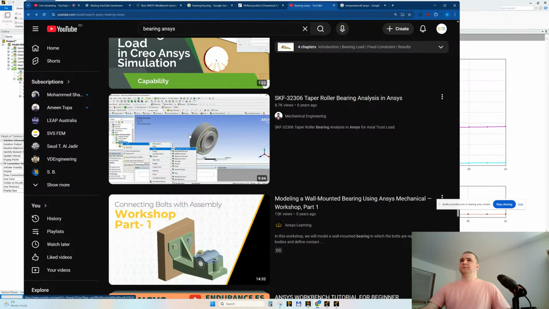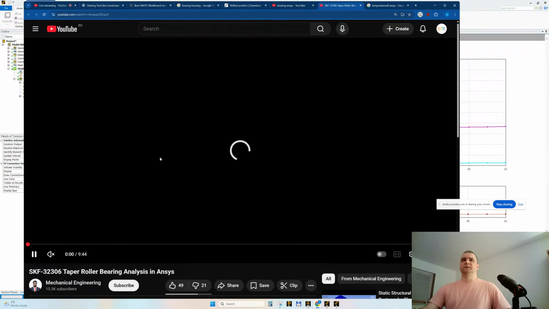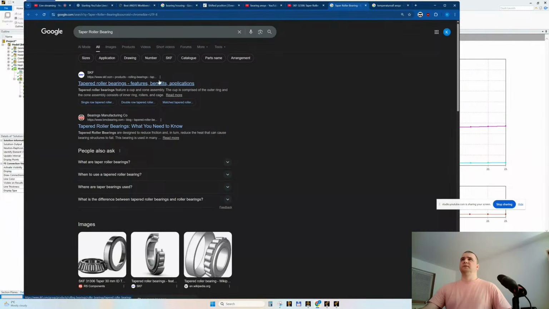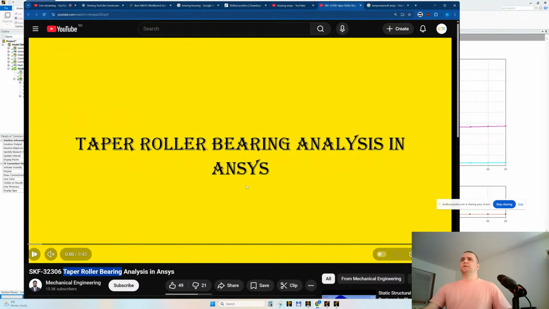SKF taper instead of tapered. Tapered or tapered? How is it correct? Tapered. Okay. All right.